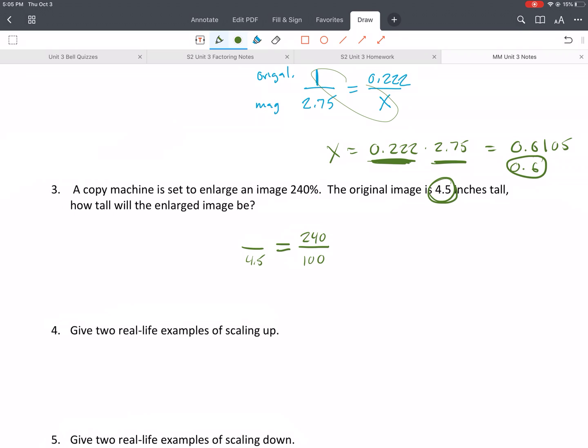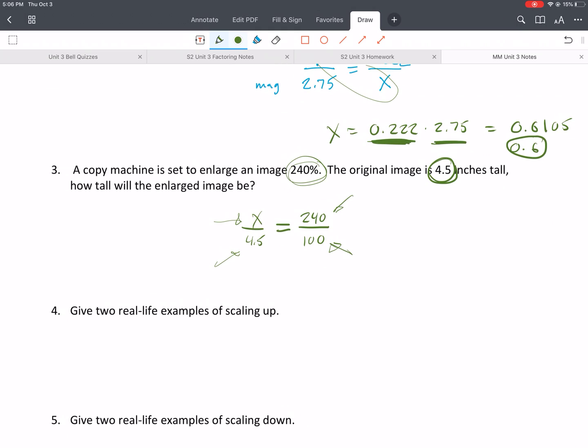When we multiply it by the magnification, it's going to get bigger. So this is our big, and this is our original, and we want to find how big it's going to be after it's enlarged. Here we'd get 100x is equal to 4.5 times 240, which gives us 1080, and then we divide both sides by 100. That gives x equals 108.